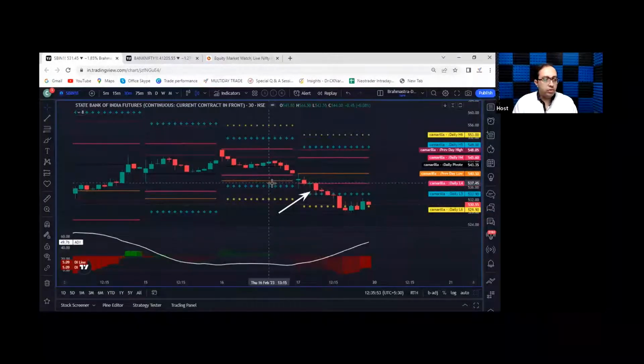This is your L4 and it has come below L4, and then it is now going down. So yes, when it goes below L4, you will short here and take position number 1.